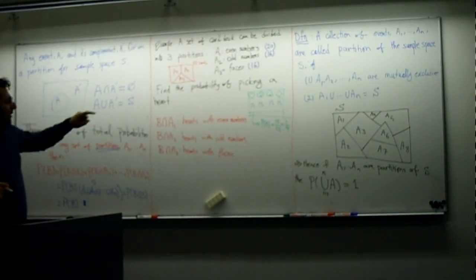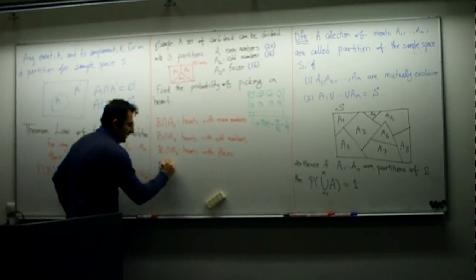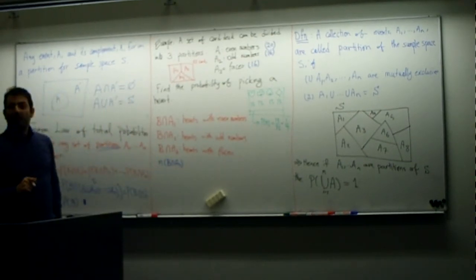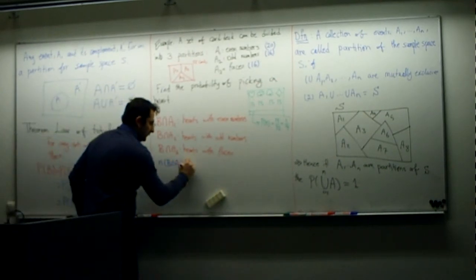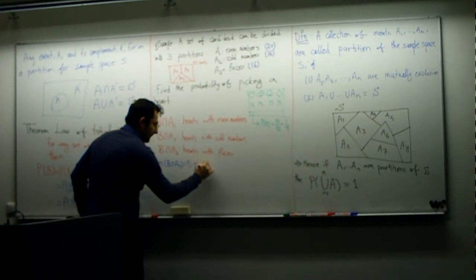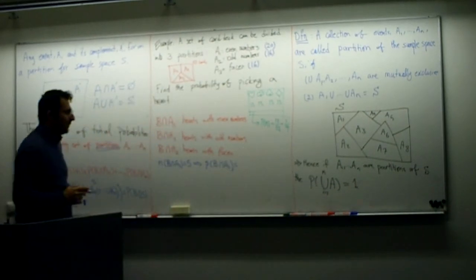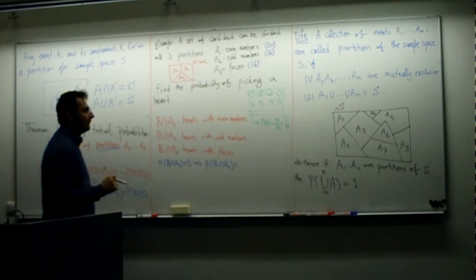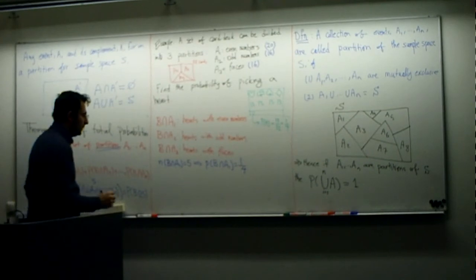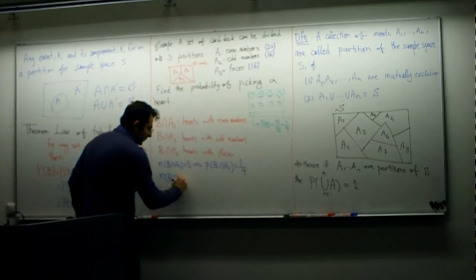So, hearts. How many elements do we have for the intersection between being heart and being an even number? 5. So, what is the probability of B intersected by A1? 5 over 4. Then the probability of B intersected by A2.